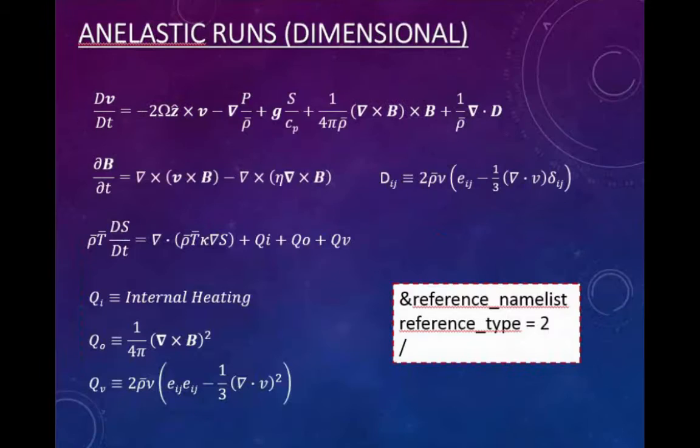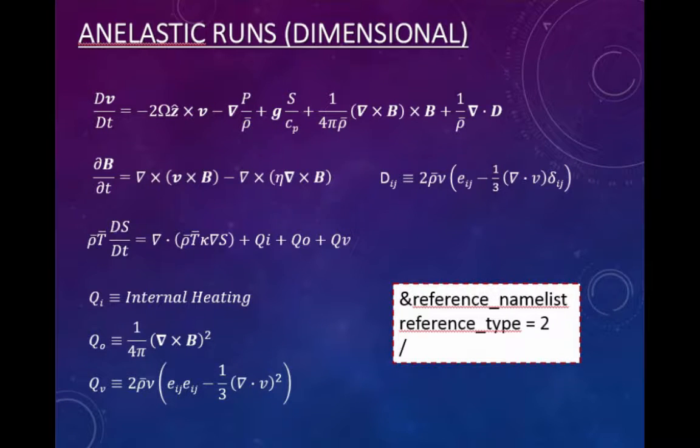Now, if you were to go over to the anelastic directory, not the anelastic ND, but the anelastic directory, that's setting up a dimensional anelastic run. This is the equation set being solved. It's pretty standard. But the difference here is that we have coefficients that are allowed to vary in radius.